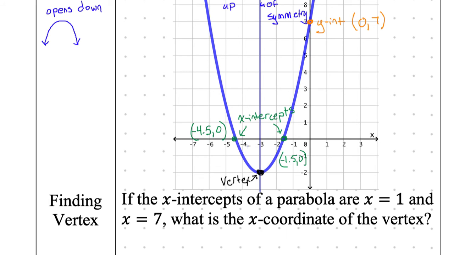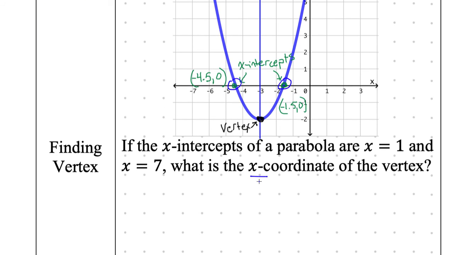Well, to find the x-coordinate of this vertex, you can take the average of your x-intercepts. Another way of saying that is your vertex 100% of the time will always lie exactly in between your x-intercepts, if you have x-intercepts. So this distance right here is the same as this distance right here. That's the key giveaway. And we're only asking for the x-coordinate. I don't care what the y-coordinate is.